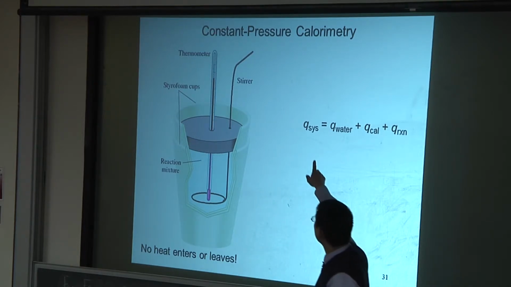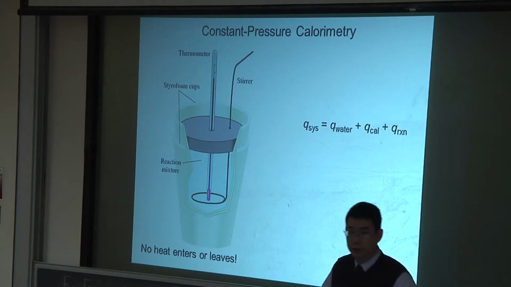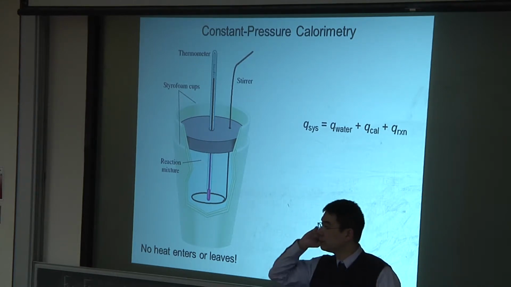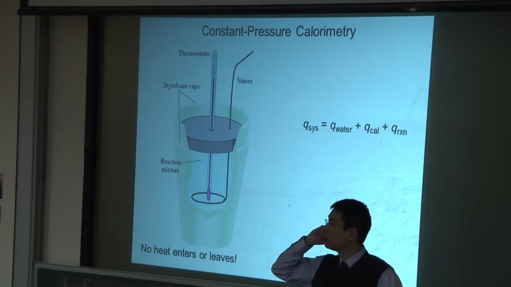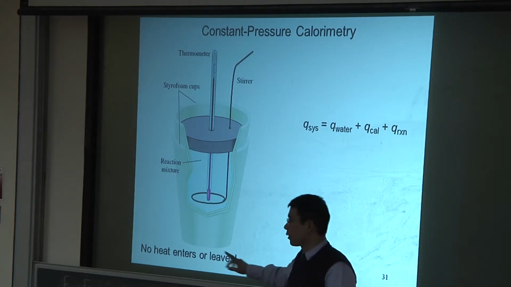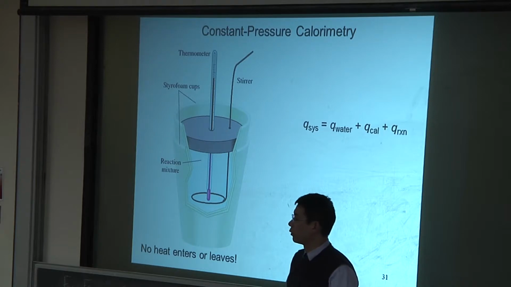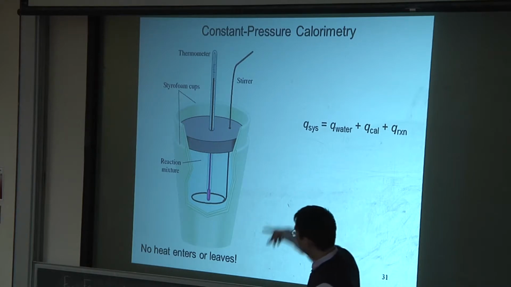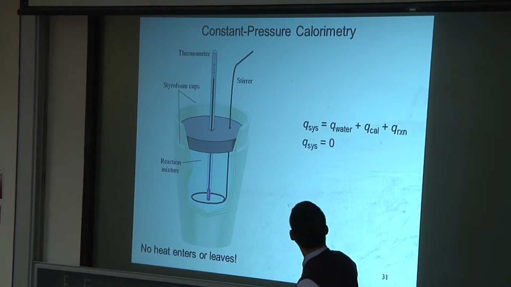And so if no heat enters or leaves, what's Q of the system? Sorry? Like heat goes in or out? But if no heat goes in, yeah, that's what it means. But if no heat enters or leaves, then what's the value of Q? 0. Right? So this whole thing, if it's really that, is 0. So what do we get?